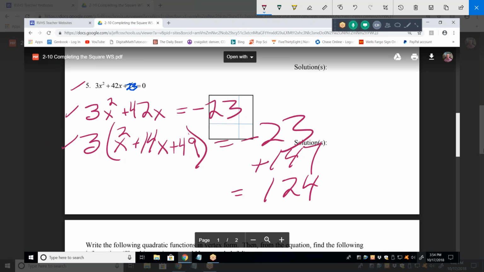But certainly now I would have (x + 7)² = 124 divided by 3, so x + 7 equals plus or minus the square root of that divided by 3.